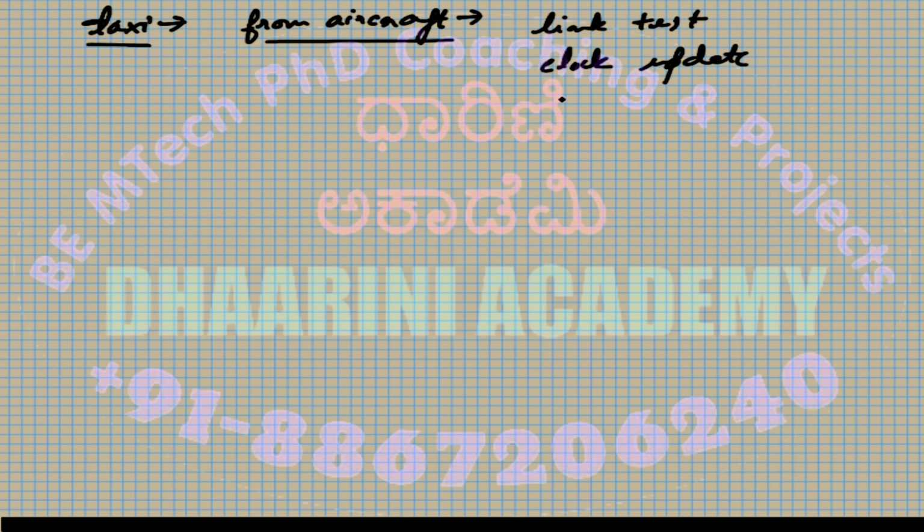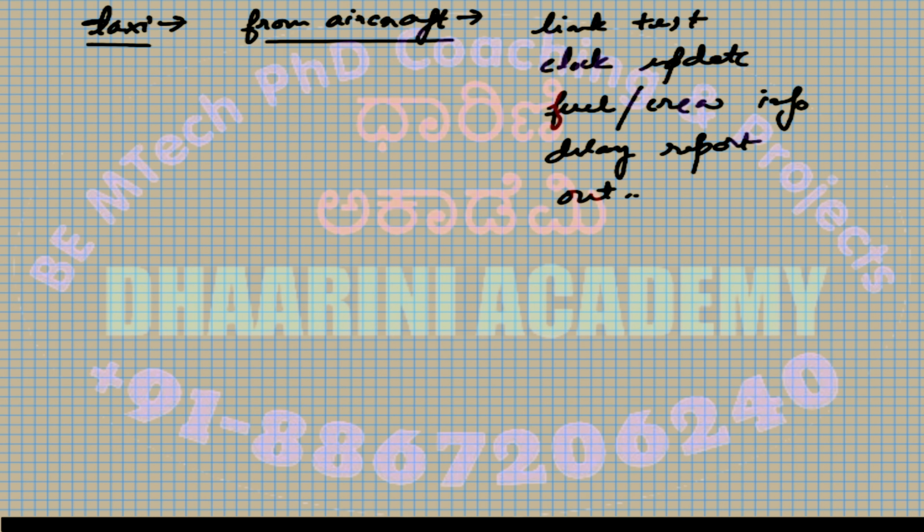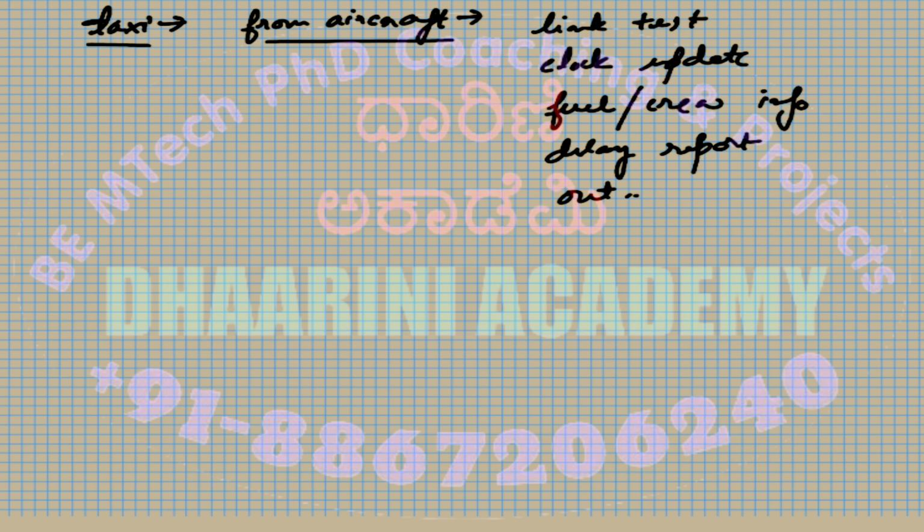Then you need the information of fuel, or it may be the crew info. If there is a delay, reporting something that is happening. And when you move out, this is an out message, etc. These are the messages, right, that normally go from the aircraft to maybe the ATC.